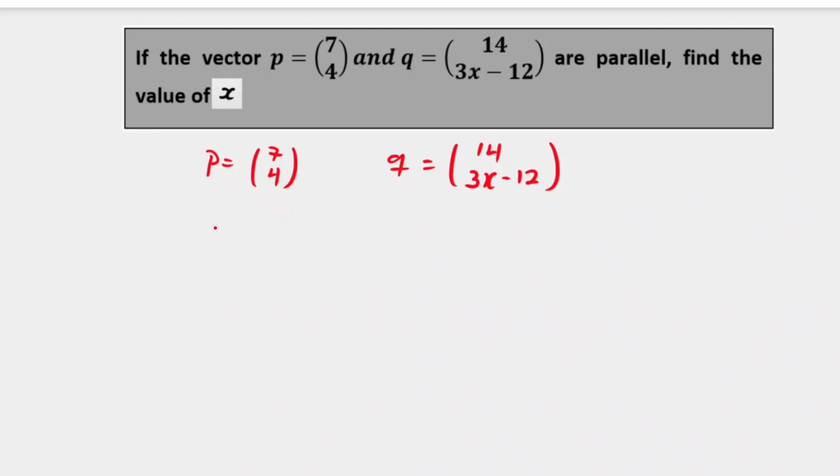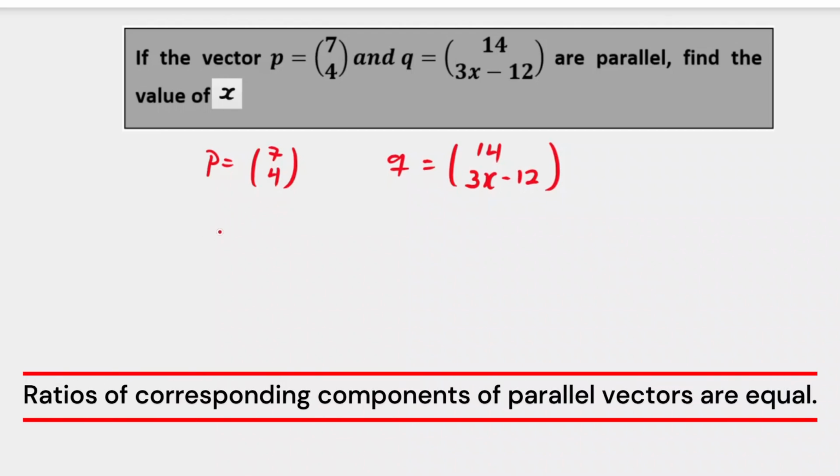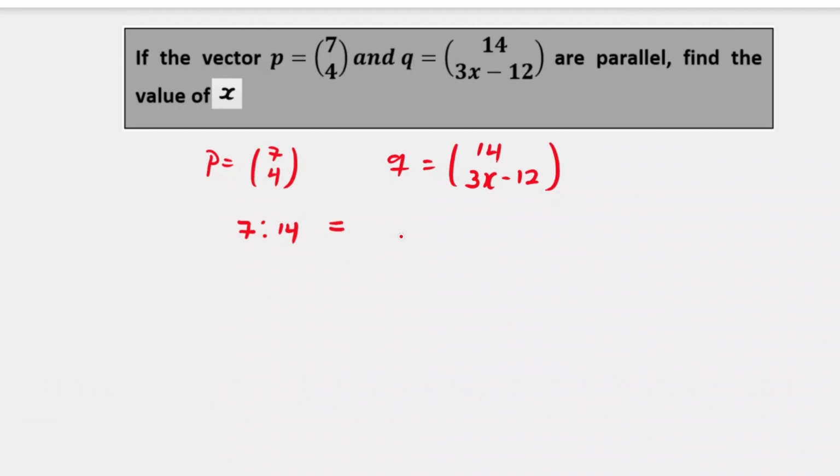So let's get our corresponding components. That's going to be 7 to 14, the ratio of the x components, which is the same as the ratio of the y components, 4 to 3x minus 12.